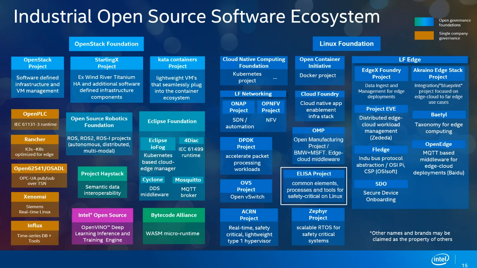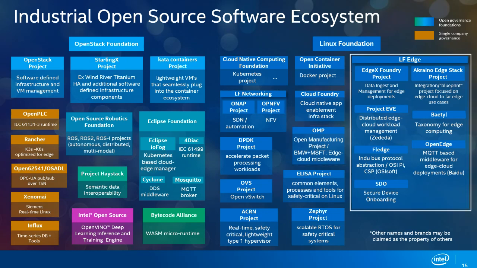Security is important, and in functional safety, the ELISA project is focused on safety critical Linux. There are projects like the Open Manufacturing Project, where cloud service providers and end users are getting together to define how clouds can interact and ingest data from manufacturing floors. There are blueprint projects like LF Edge, which takes a lot of different projects and tries to define how they come together and work together.